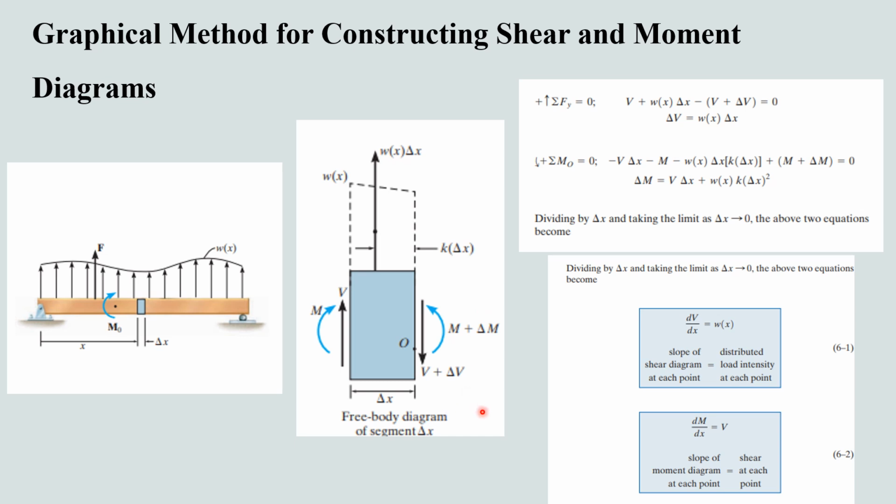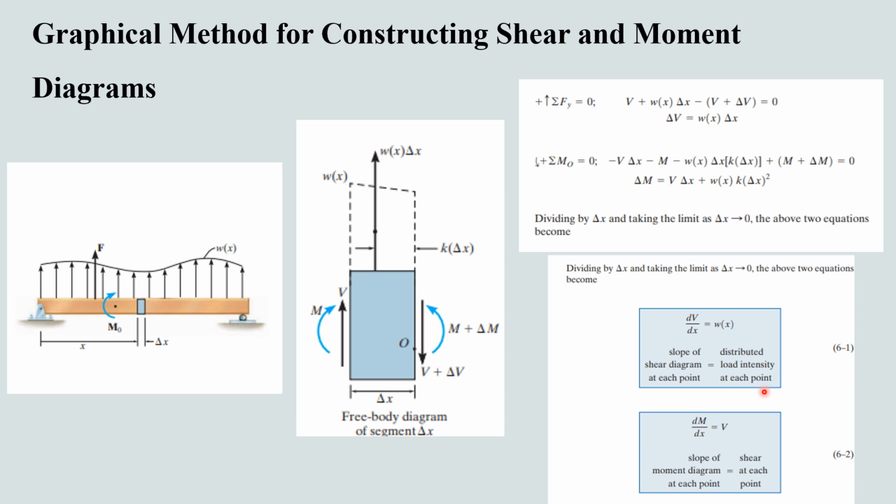Dividing by delta x and taking the limit as delta x approaches 0, the above two equations become these equations, which show that the slope of the shear diagram at each point is equal to the distributed load intensity at each point.